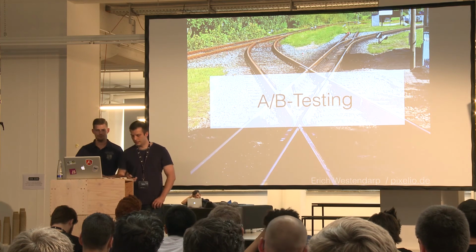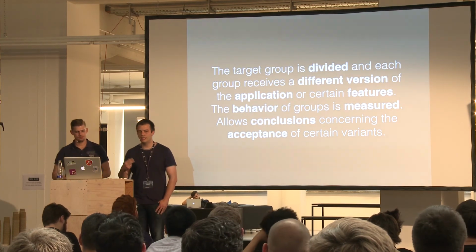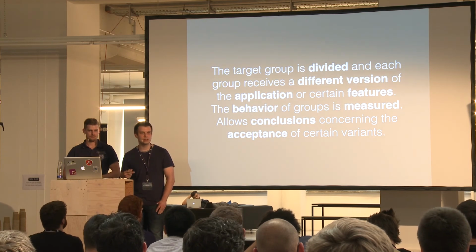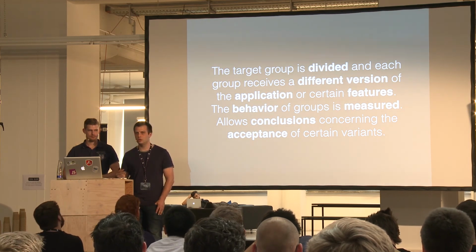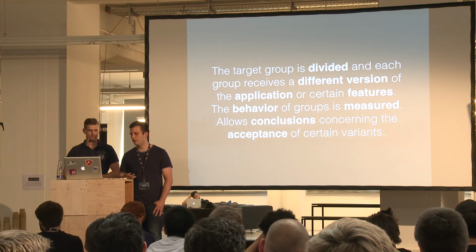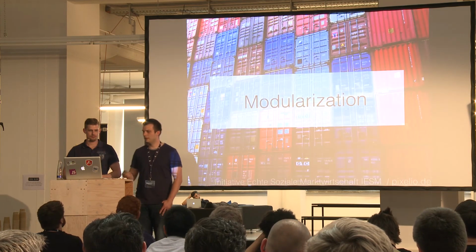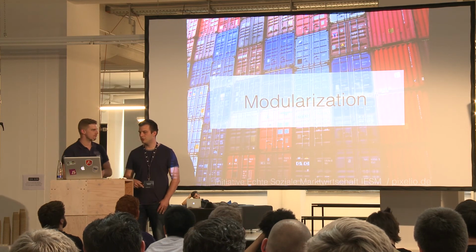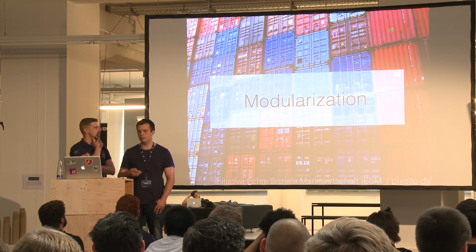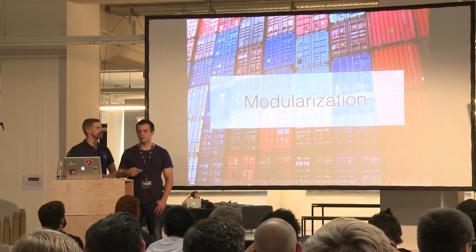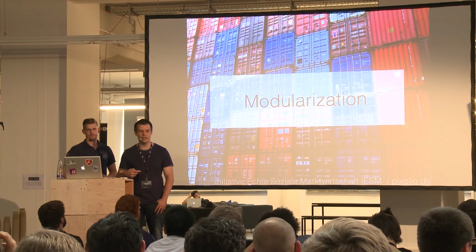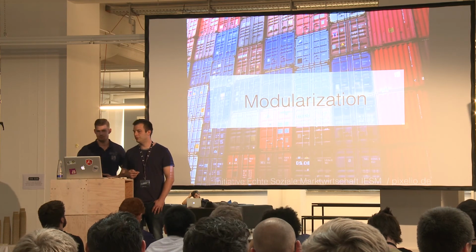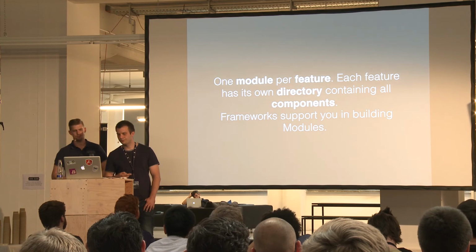This gives you the chance to get an idea which implementation is the best and which one you should use, and the other one should be thrown away. The core of this is feature toggles, modularization, and configuration of your application. This should be supported by your infrastructure and the libraries you're using within your application.